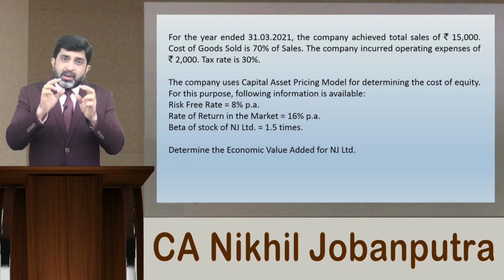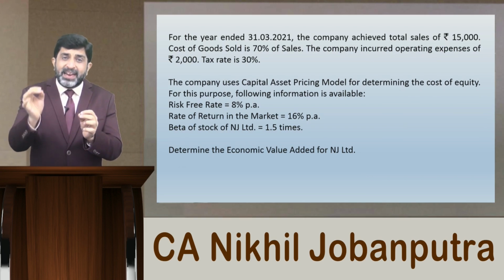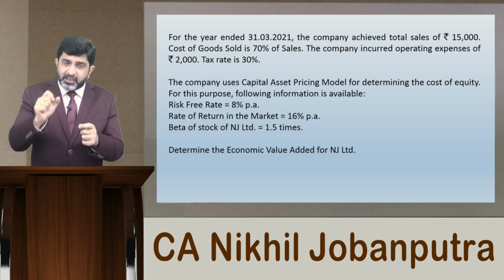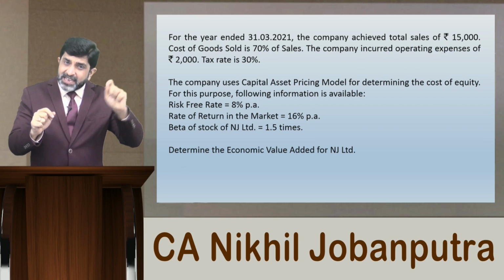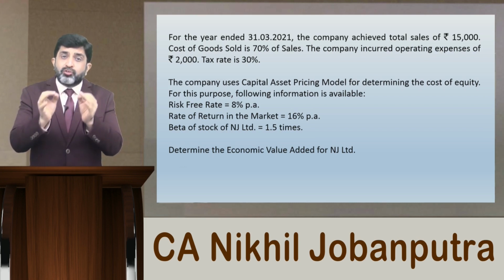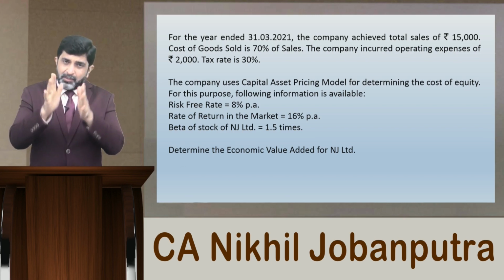Now, debt will have its own cost, which is identified as cost of debt. So you would work out a post-tax cost of debt, that is symbolized as KD. You would then work out KE, that is cost of equity, based on CAPM, which is demanded by the question.